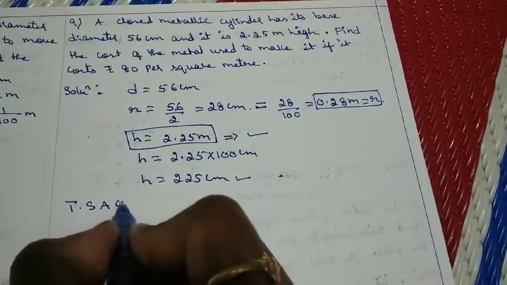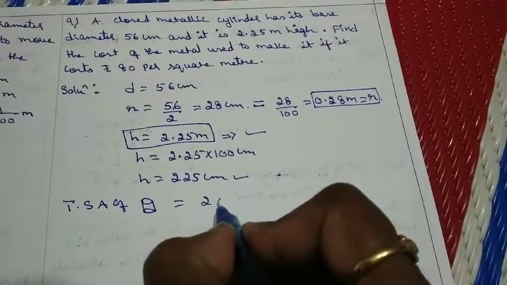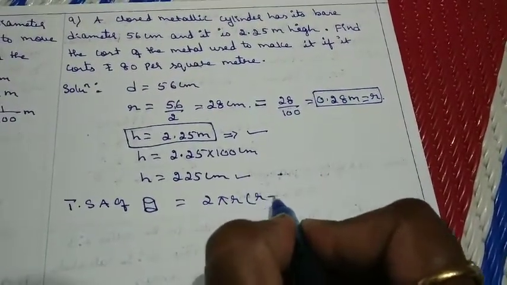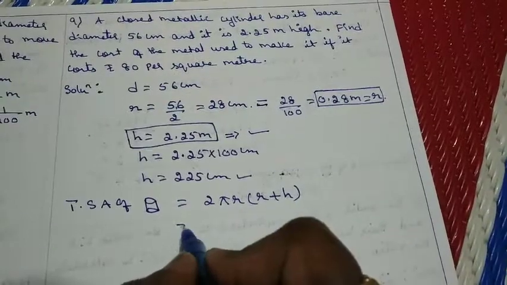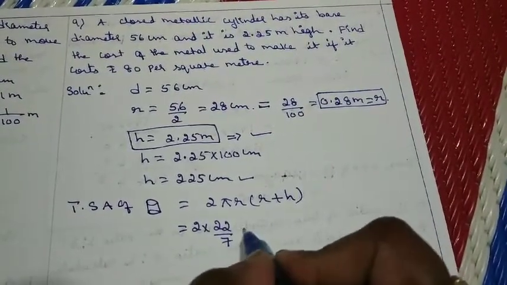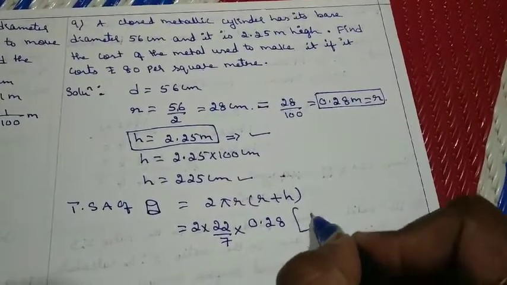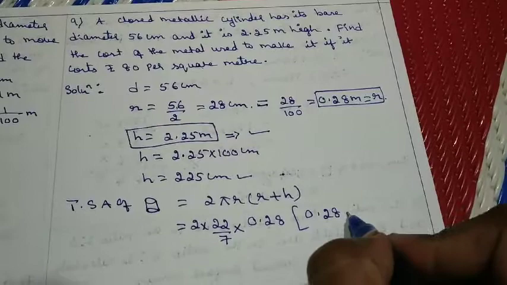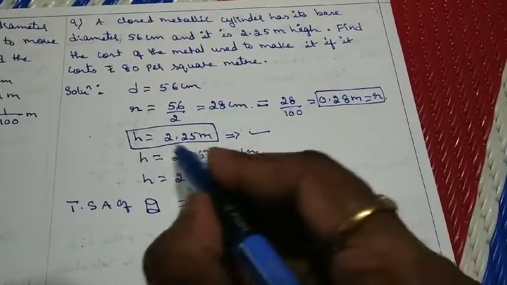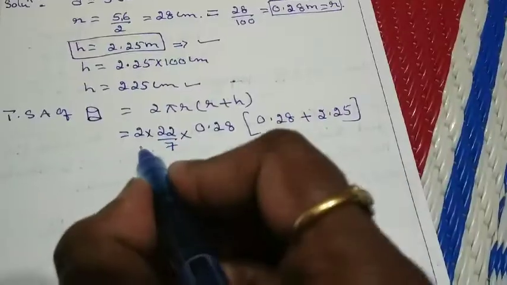TSA of cylinder is equal to 2 pi r into r plus h. Substitute the values. 2 into 22 by 7 into radius 0.28 into 0.28 plus height in meters, that is 2.25.